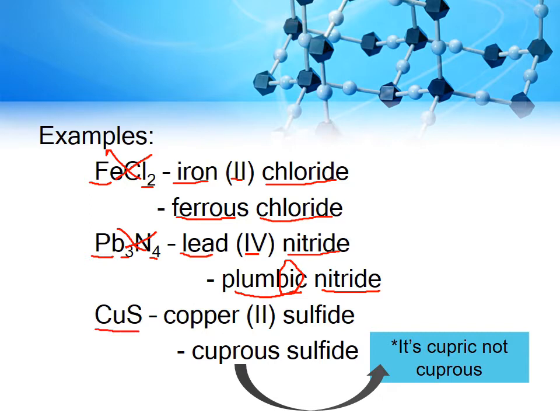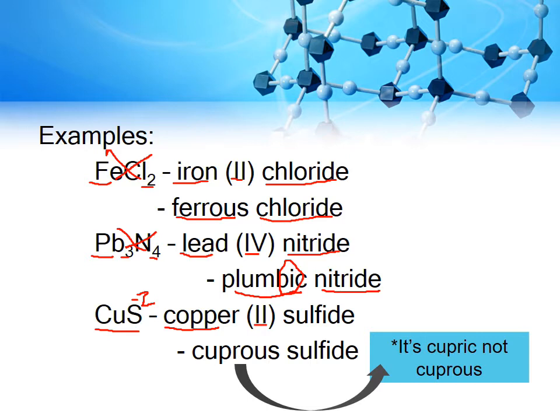Another example, we have CuS. Notice here that we don't have the written subscript for Cu and S, but the name of this is copper, followed by the oxidation number used by copper, which is 2. Why 2? Since sulfur here has an oxidation state of -2, according to the rule in writing of chemical formulas, the oxidation numbers of the two elements are the same, so we will just cancel them and combine the two.